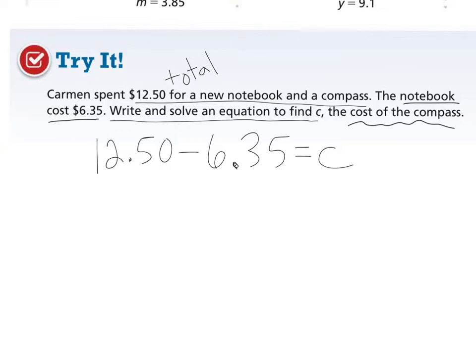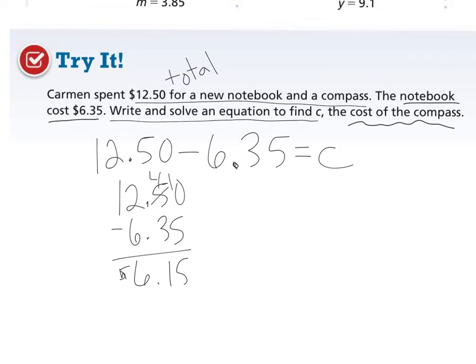So we would write it like that to start with, and then we would write it vertically to work it out. Okay? I did $12.50 minus $6.35 and got $6.15. Good. So we would have to do some borrowing here. $6.15 would be our cost for the compass.